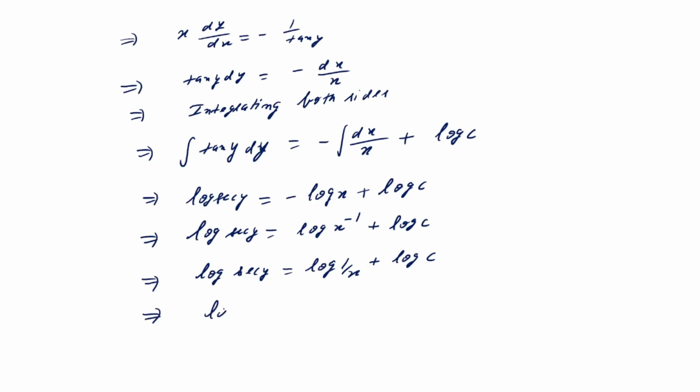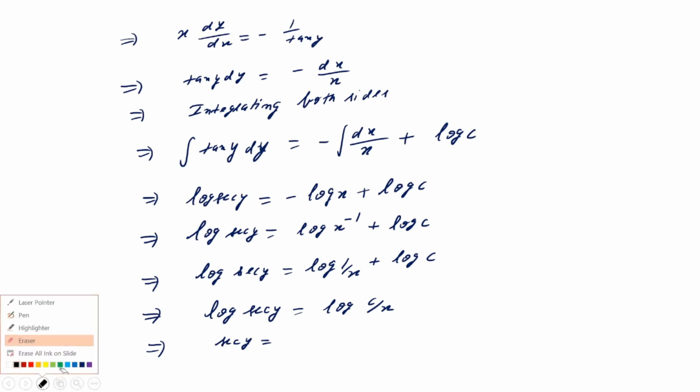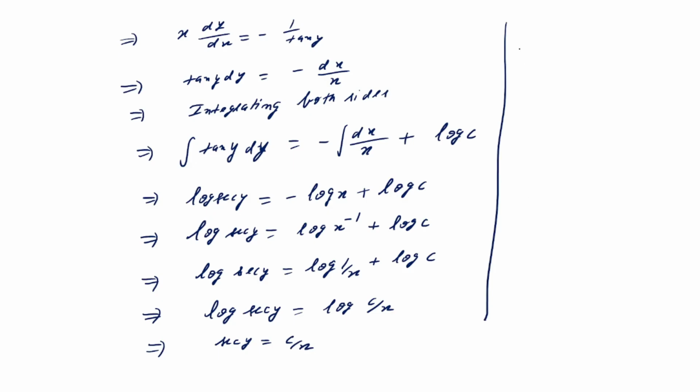This implies that log sec y is equal to log c upon x. Now the log will be removed, so what you have, sec y is equal to c upon x, so finally you have x sec y is equal to c.